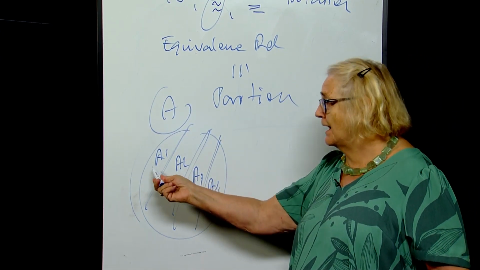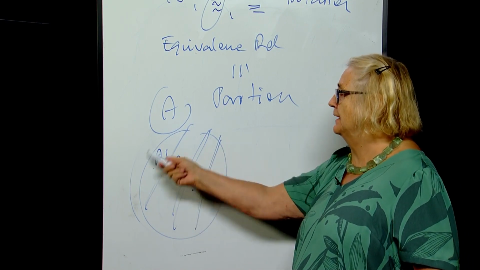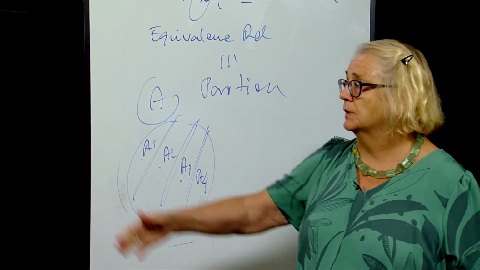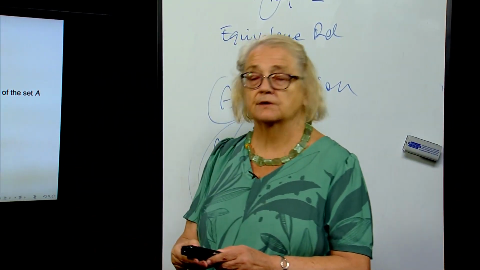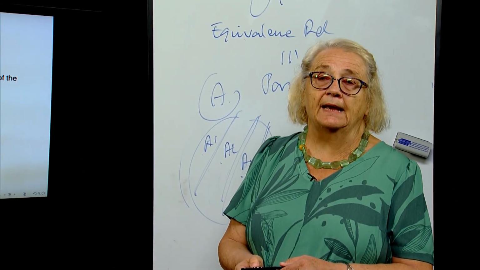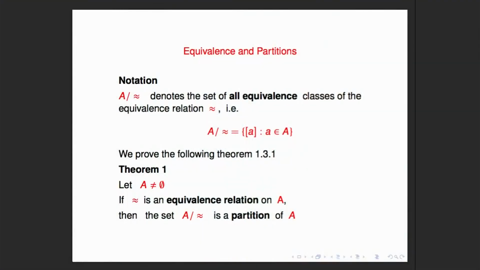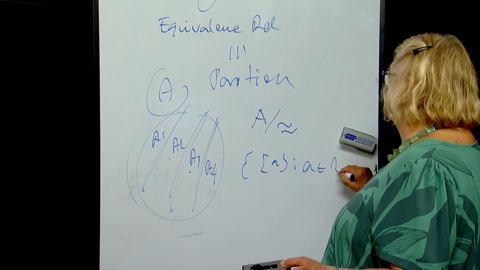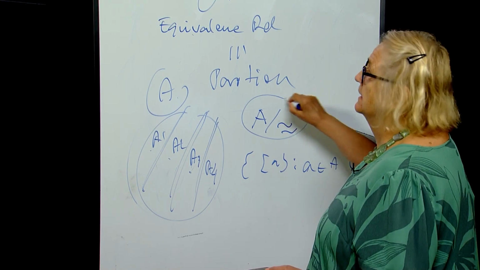It means they are disjoint, non-empty, and they add up to the whole set A. That's why it's called partition, and this is a nice general definition. And once we have a set, we create what is called the quotient set. It means this is the set of all equivalence classes for A in A.